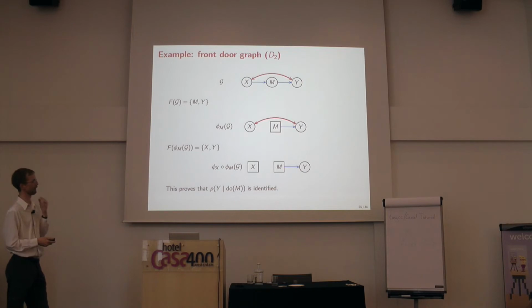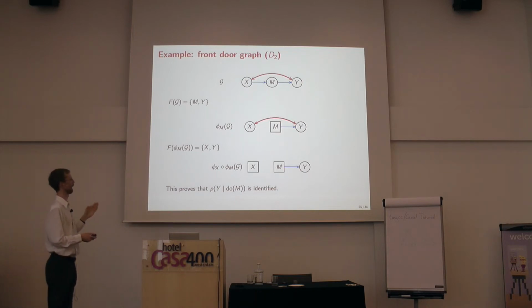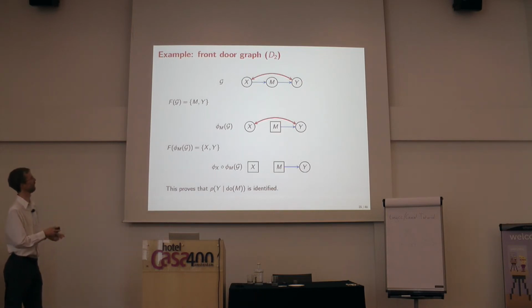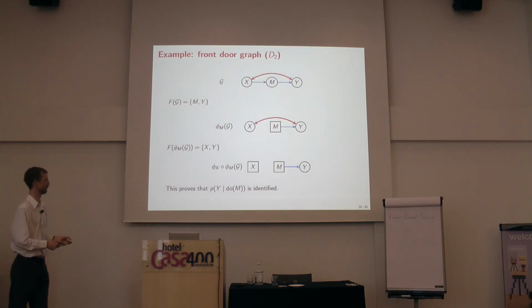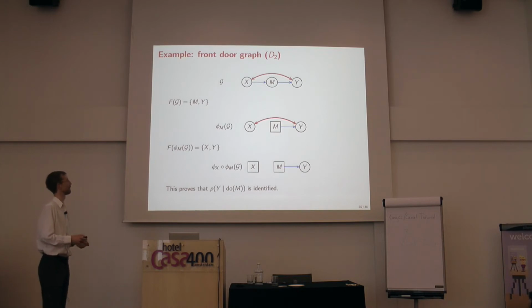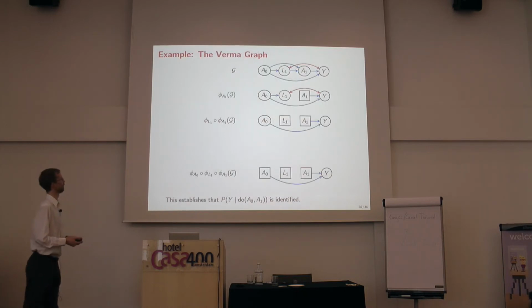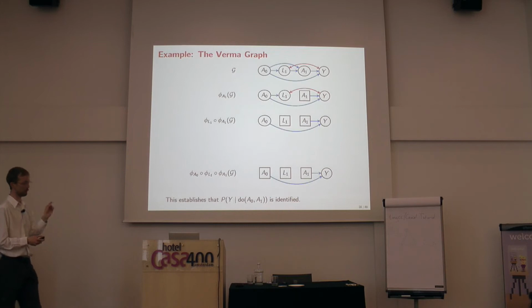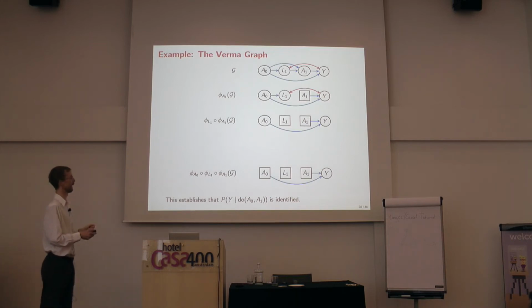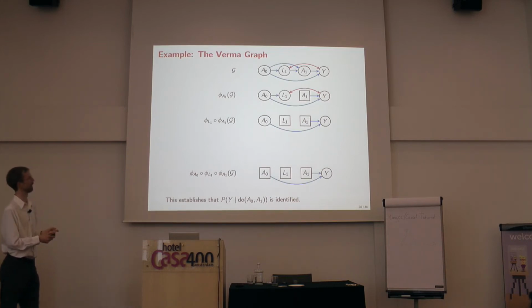We wanted to show that we could get a distribution of Y given do(M), and here we obviously can't fix Y because we want it to be around at the end. We can't fix X, so we have to fix M, getting this graph, and then we can fix X. So we've shown that this is also identified. The Verma graph here, remember, we just had one district which consisted of Y. So here we can first fix A1.